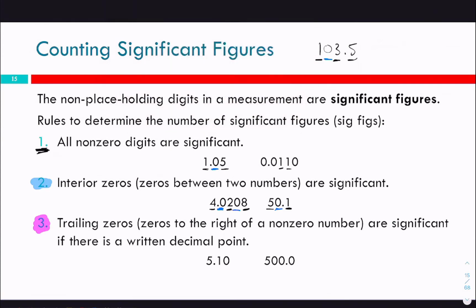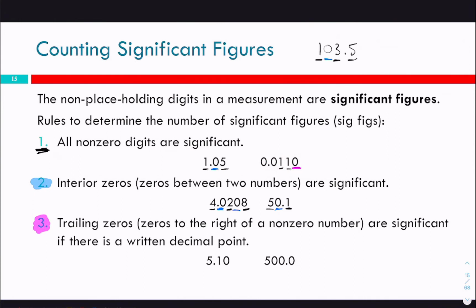For our example I pulled from the other page, we don't have any trailing zeros, so we don't have to worry about it there. But going back to these examples for rule 1, this is 0, that's a written decimal point. These are leading zeros, but we have the one trailing 0 here, which would be significant according to rule 3.